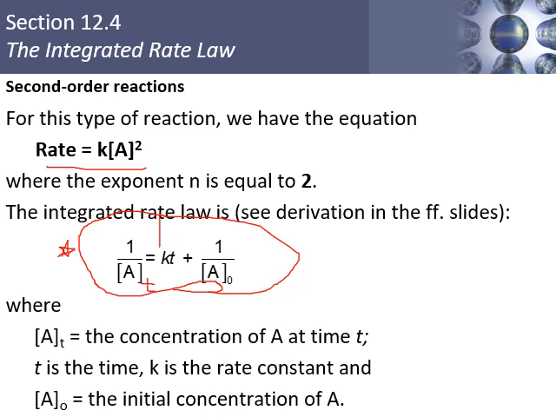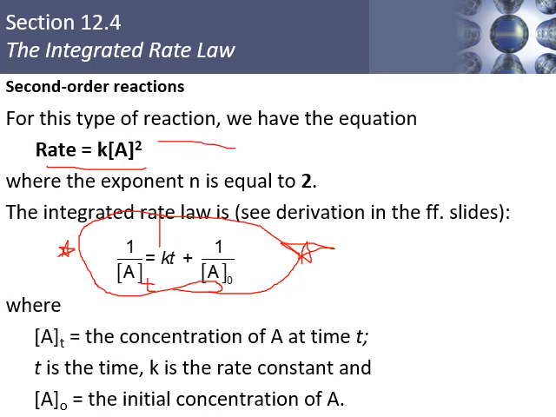And then instead of being a sub t and a naught, it's 1 over a sub t and 1 over a naught. Otherwise, it's the same basic form. So it's not that hard to memorize all three of these. So anyway, this would be the form you would use for a lot of the problems for second order reactions, where n is 2 here.